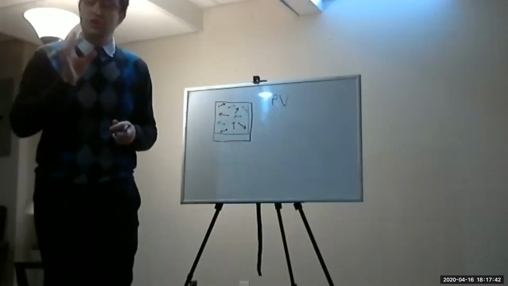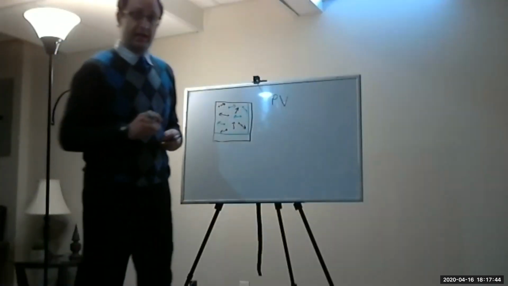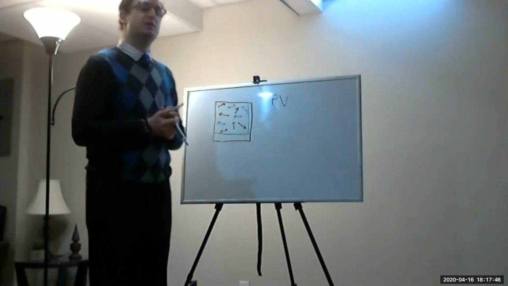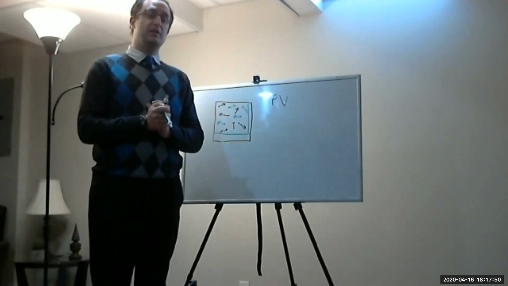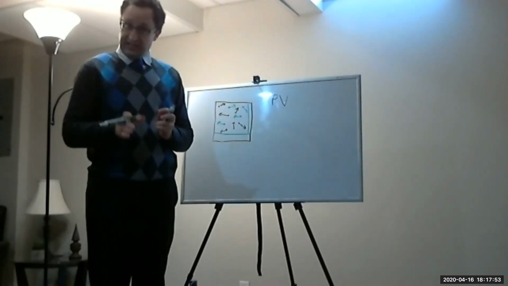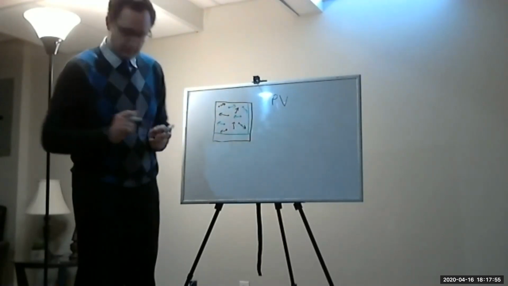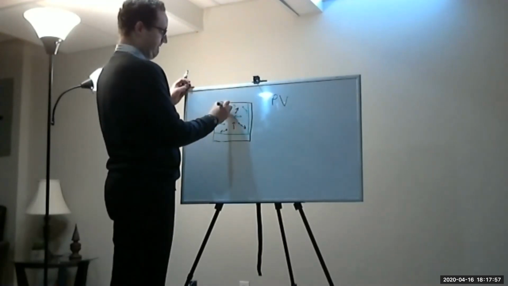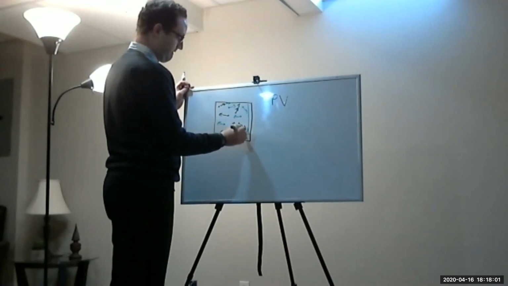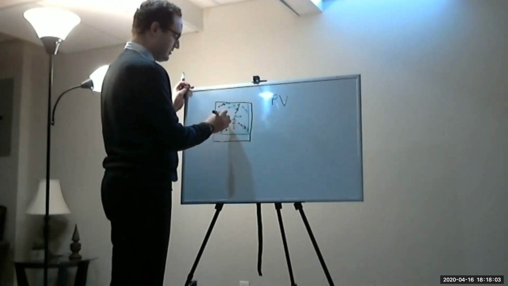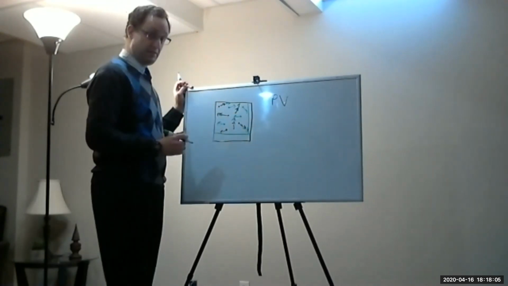Another thing I could do to make my pressure increase, because the walls are being hit more often, but also because they're going to get hit harder, is to make my particles go faster.